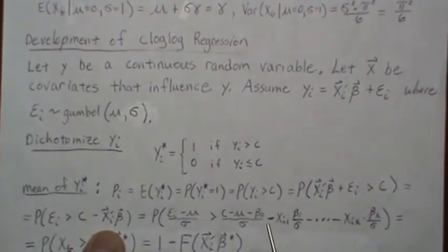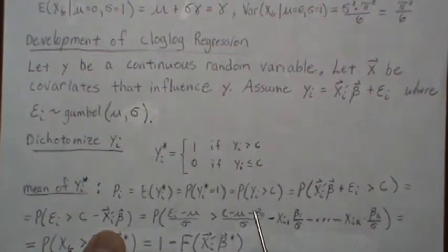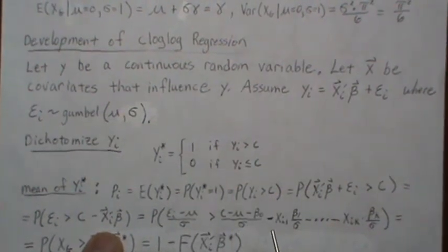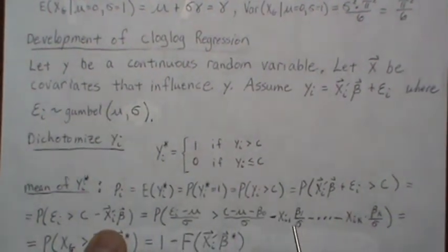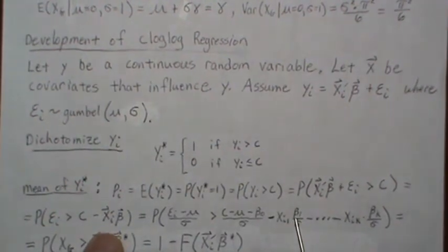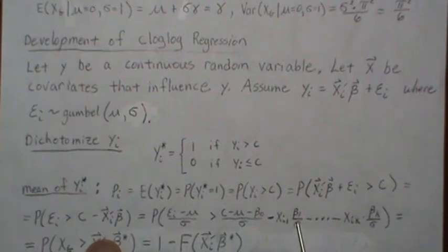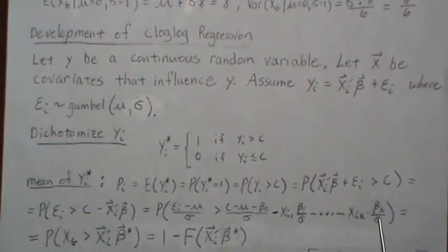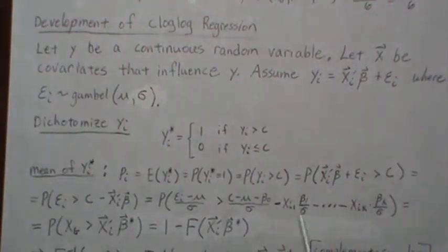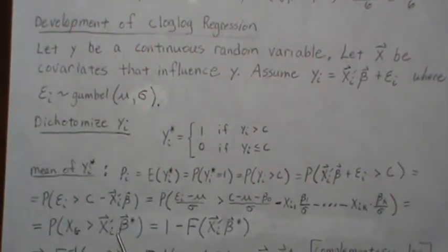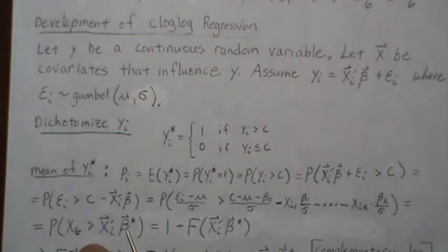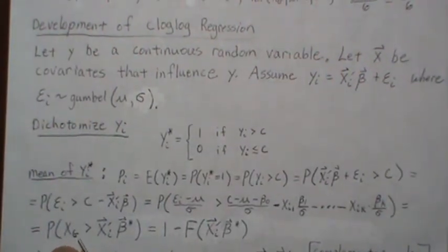Now, this can be generically called beta 0, and if we take that negative into these parameters here and just reparameterize, call it beta 1 star, and we keep going all the way to beta k star. This side can be written as a linear combination of our covariates like this, where x is the standard Gumbel distribution.